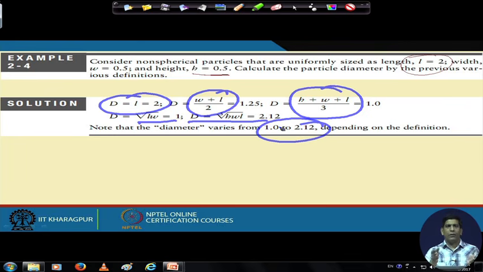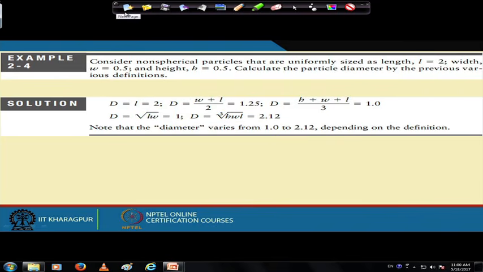People have used all these approaches, so you have to understand which approach was taken, so that you get the background of how it was calculated. That's important.